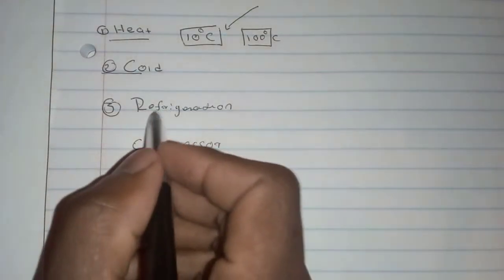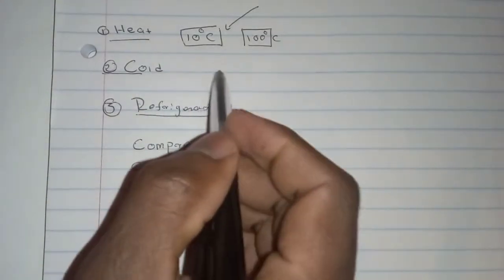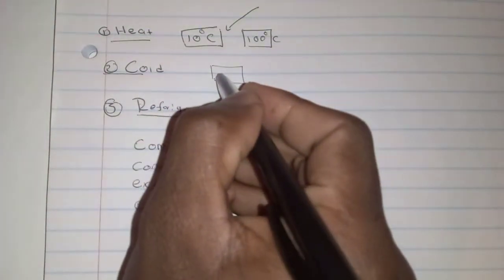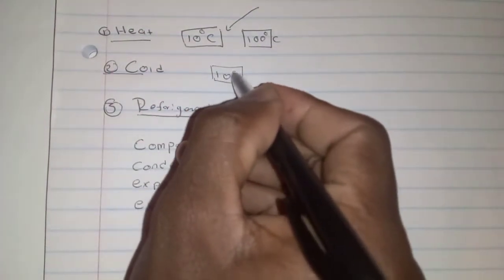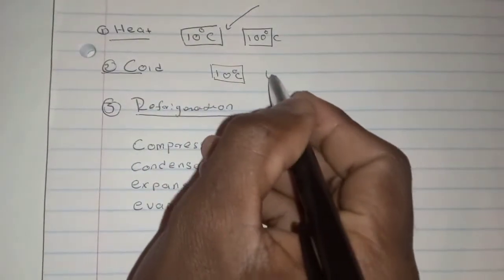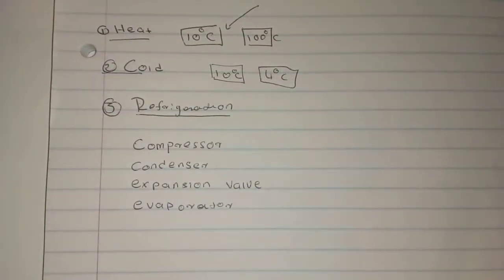And then we go to refrigeration. What is refrigeration? Refrigeration is the process of removing heat energy from an object. So if you have an object which is, let's say, 10 degrees Celsius, and you are removing the heat energy until it gets to maybe 4 degrees Celsius, we call this refrigeration.